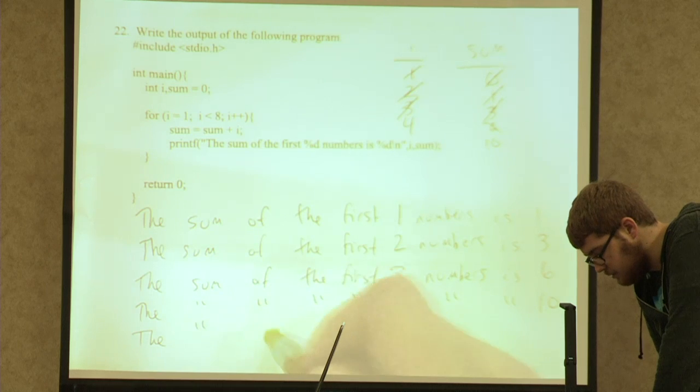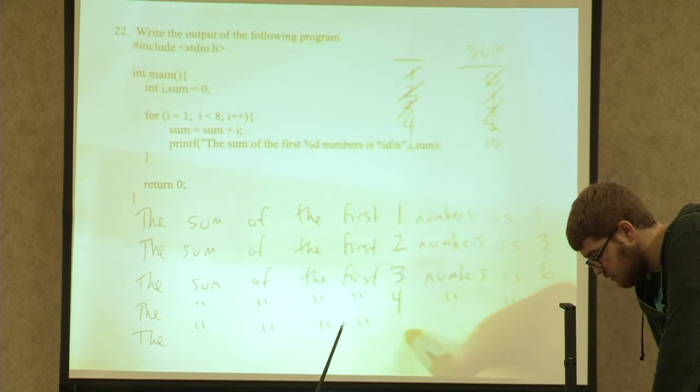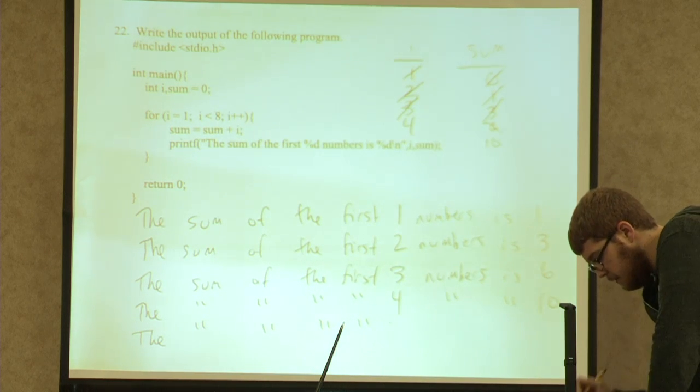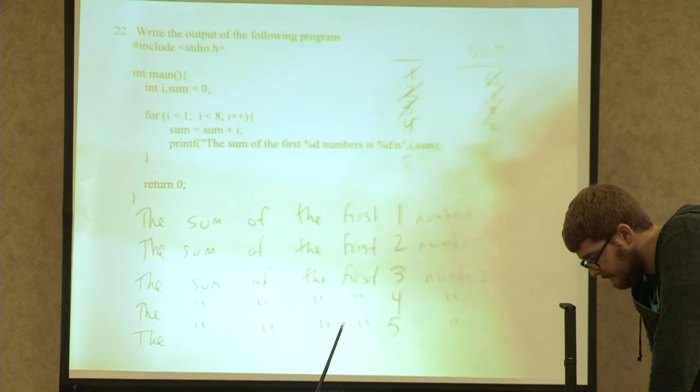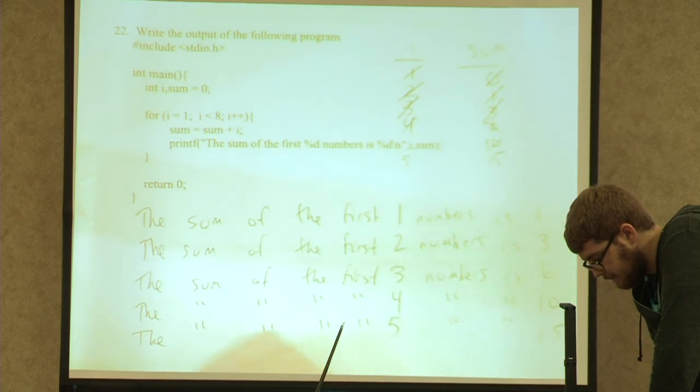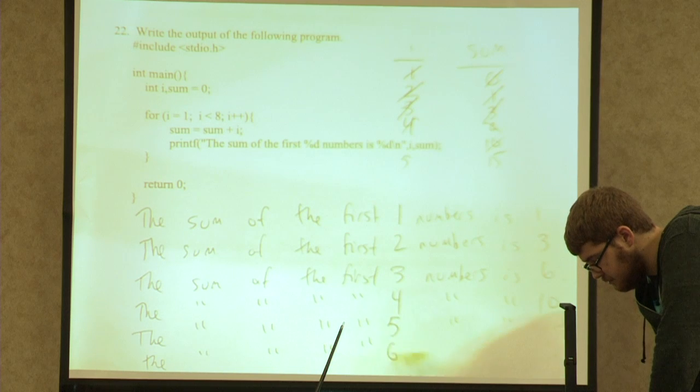When would we stop this? At 7. When i is 7 and sum equals 28. Would you print out a statement for 7? Yes.